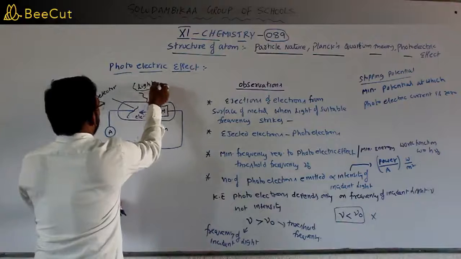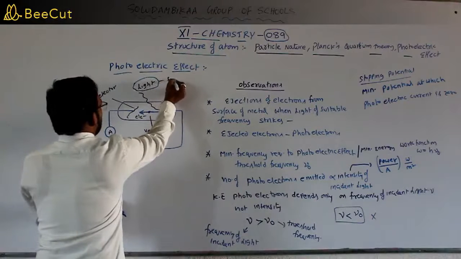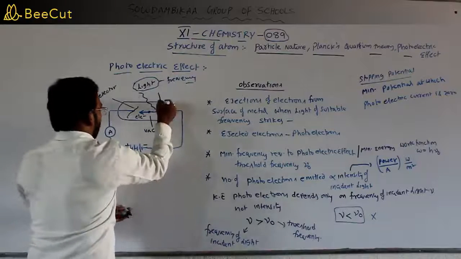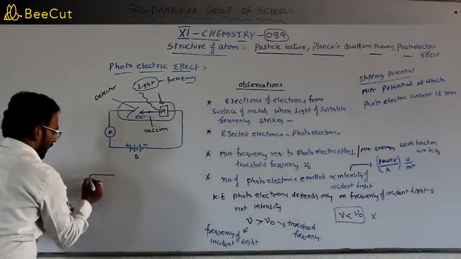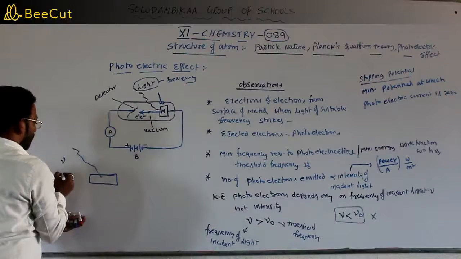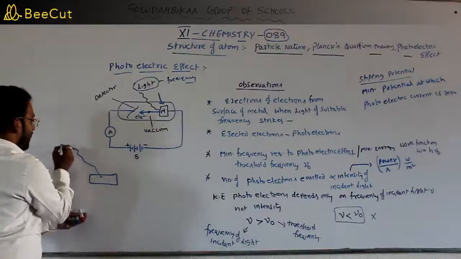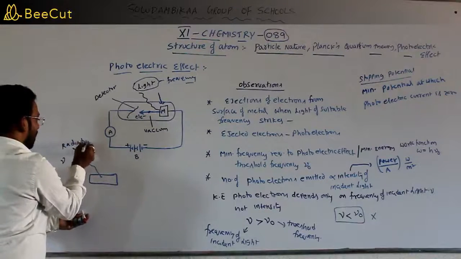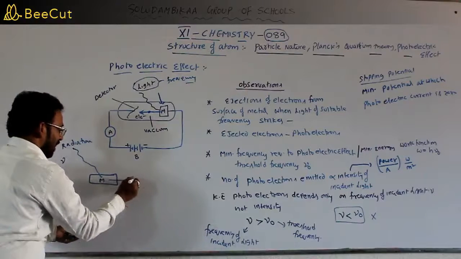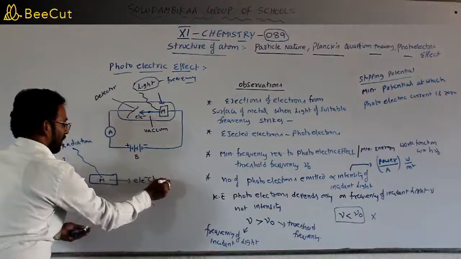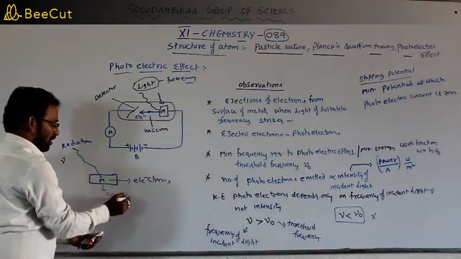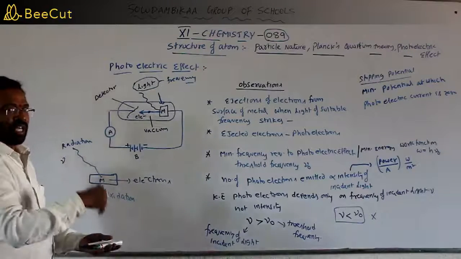When a light of certain frequency is bombarded on a metallic surface, suppose I take a metallic surface like this, when radiation of frequency nu strikes the metallic surface, it ejects some electrons, because of the oxidation process, as metals have a tendency to lose electrons.